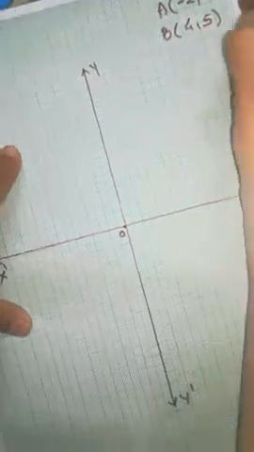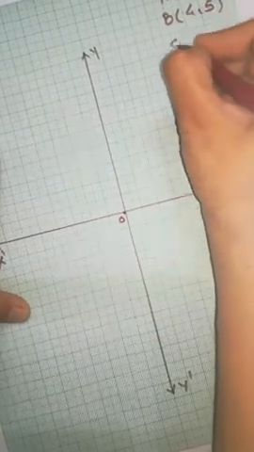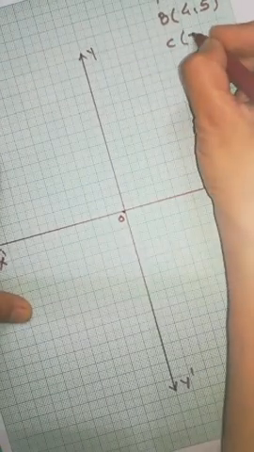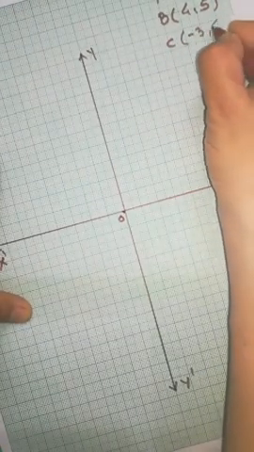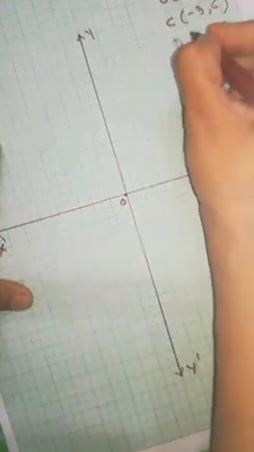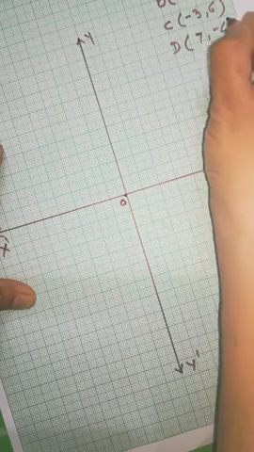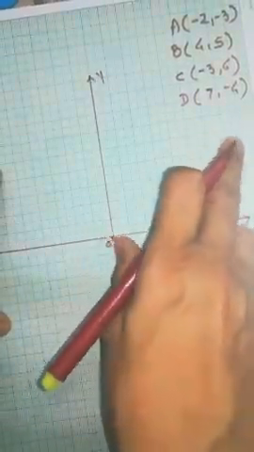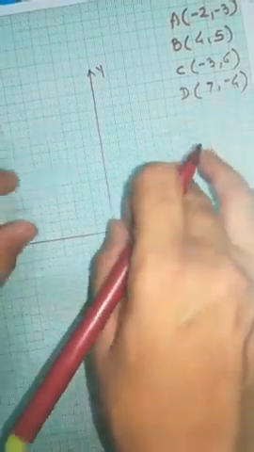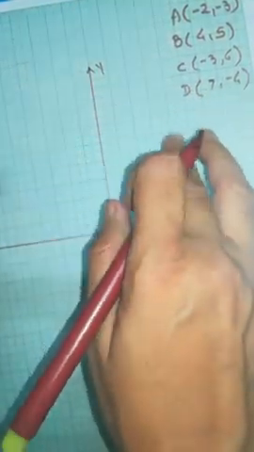You can take any one, children. C, let us consider -3 and 6. And D, 7 and -4. These are the 4 coordinates. We have to plot these coordinates on this Cartesian plane.